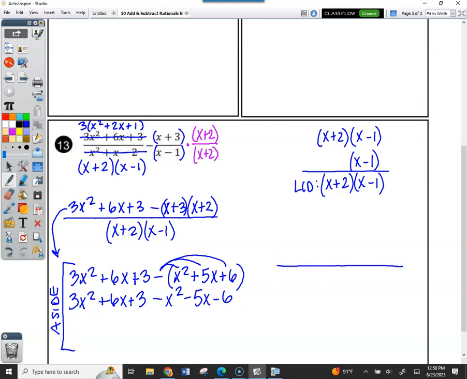Across the top, I would have 2x squared plus x, y'all check me, minus 3. And the bottom, see, when you find the LCD, you've already found half the answer. And I do give partial credit. So it's the top that's the mess.